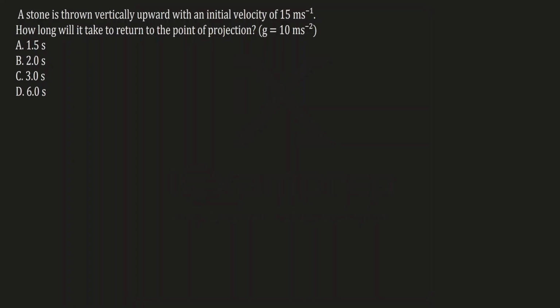That is, for horizontal motion, where we have v equals u plus at, if the motion is vertical, that is motion under gravity, we are going to have it as v equals u plus gt. Where we have v squared equals u squared plus 2as, this will become v squared equals u squared plus 2gs.